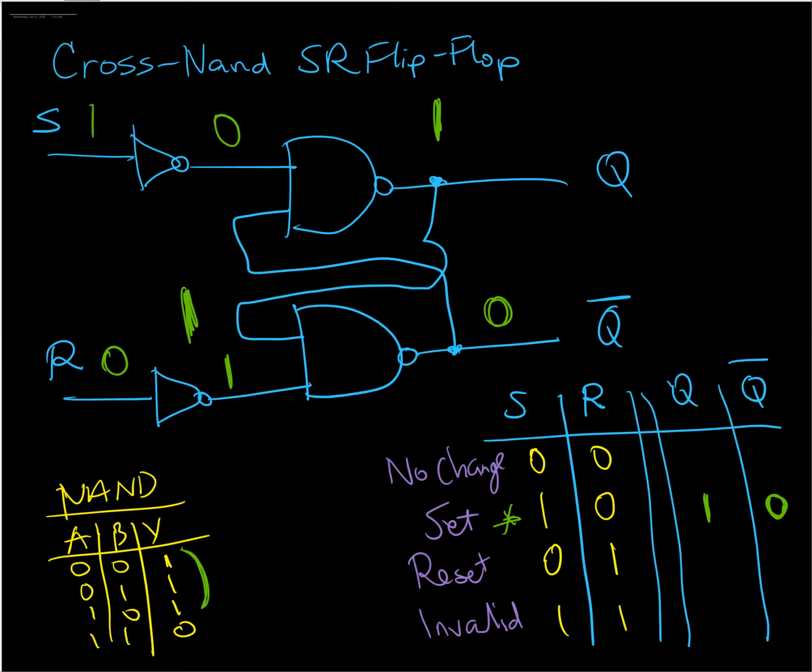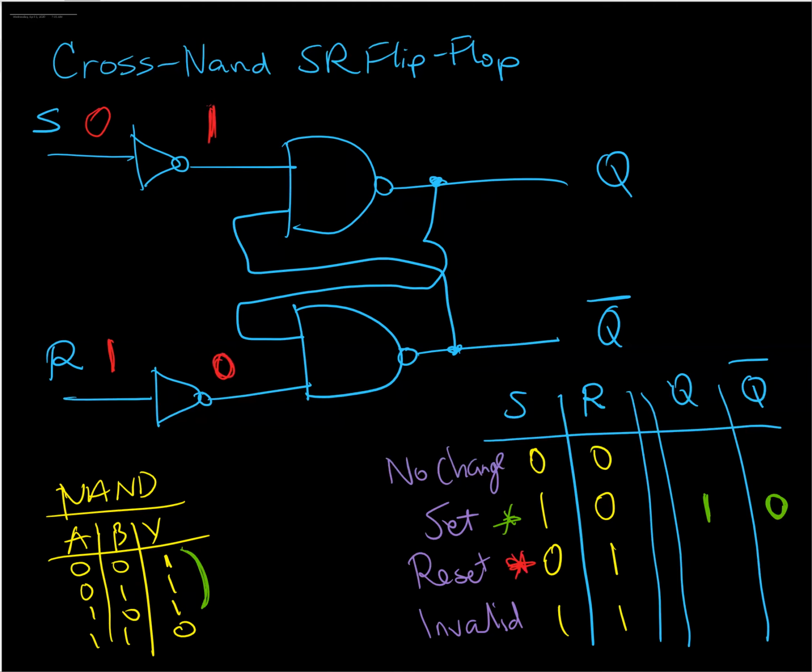For the reset condition here, the inputs are S being 0 and R being 1. So let's take a look at that. We have S being 0, R being 1. And on the other side of the inverters, that's a 1 and a 0.